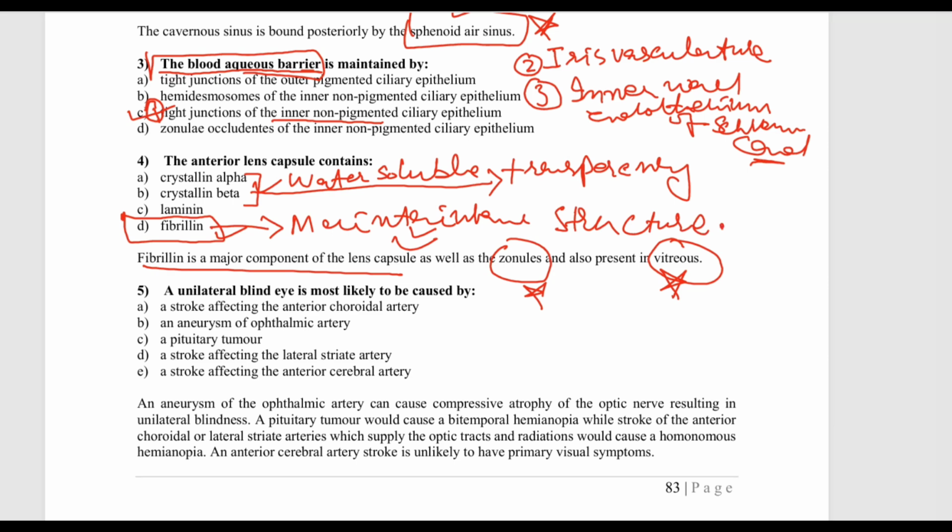There are also water insoluble proteins, which are responsible for the brownish color and cataract.